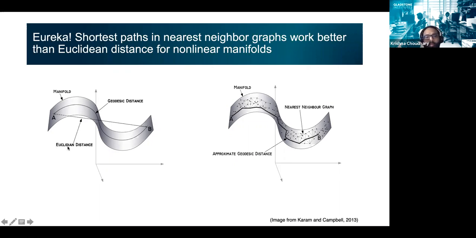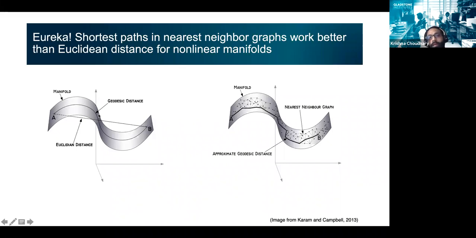Euclid is one of those ancient Greeks who wrote one such popular book on geometry. In any case, this straight line distance bears his name, Euclidean distance.